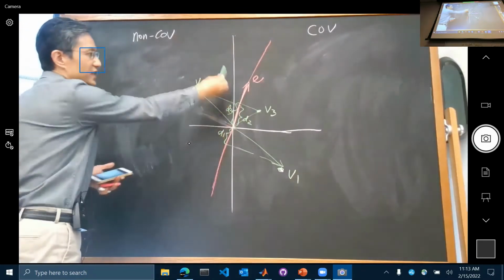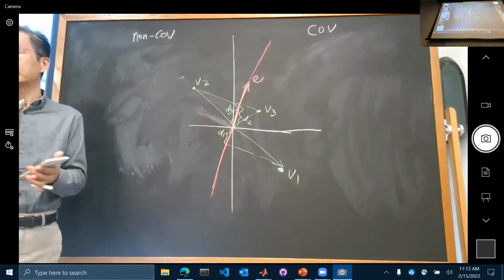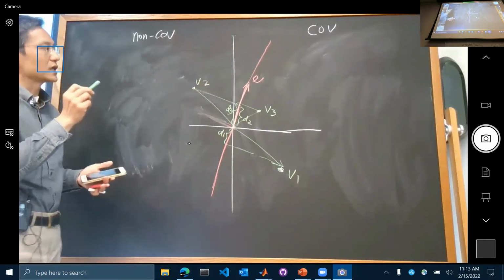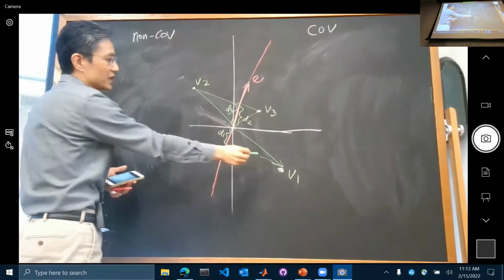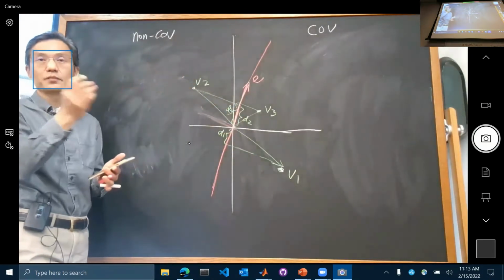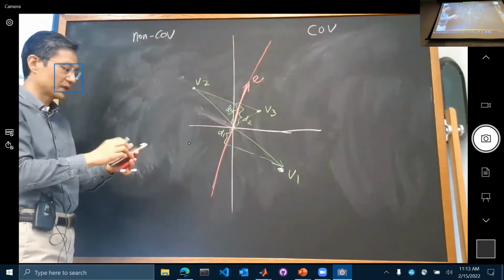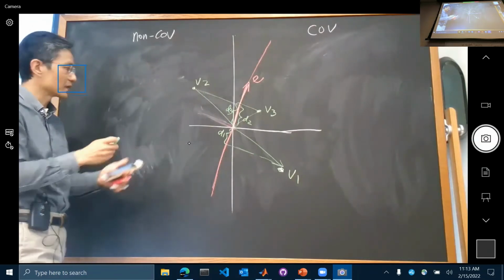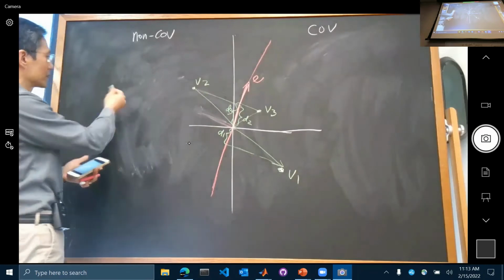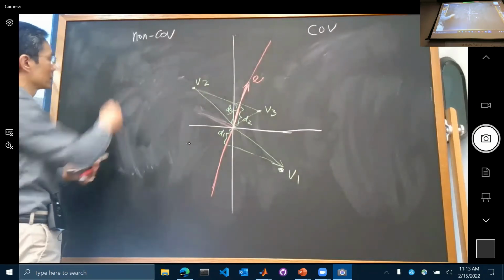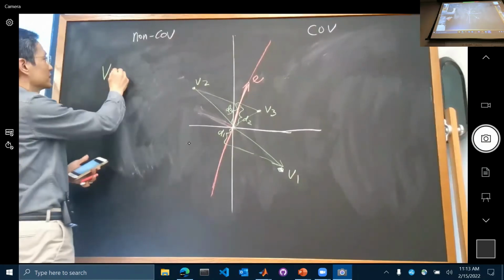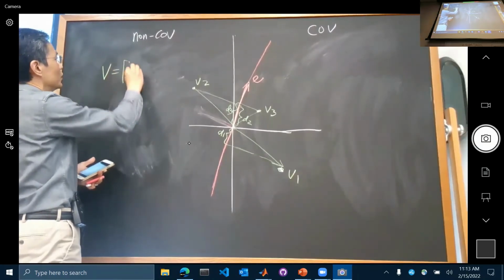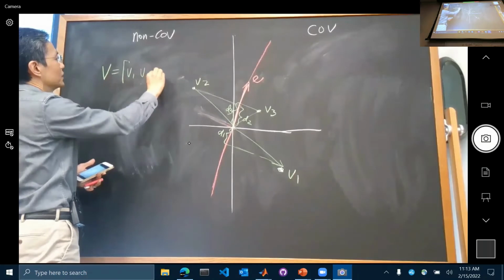If I use E as my new x-axis, my original 3 data points projected on it will give V1, V2, V3.